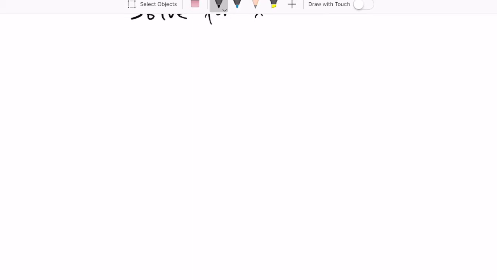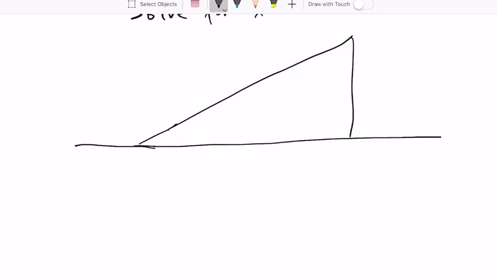Okay. So what's this problem saying? It says that there is a truck which starts at the bottom of this incline. The incline angle is given. Let's just call it theta.